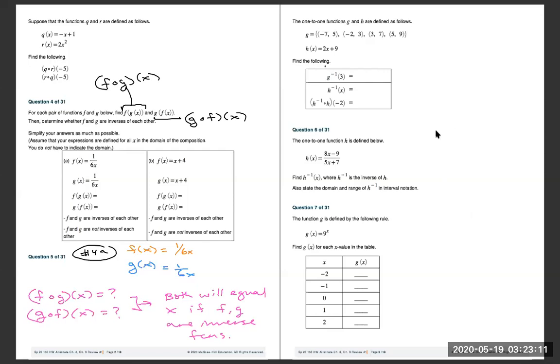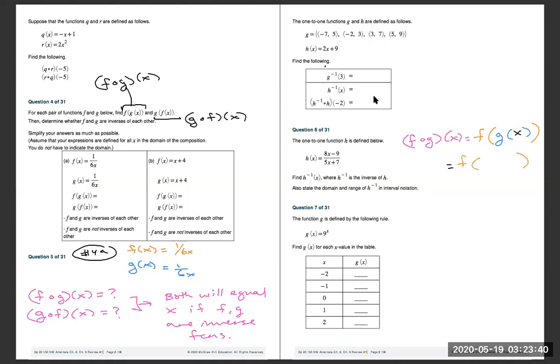So f composite g of x is going to be the same as f of g of x. Okay, so f stays the same.